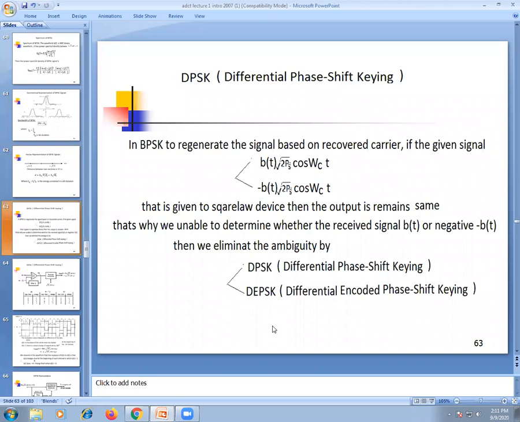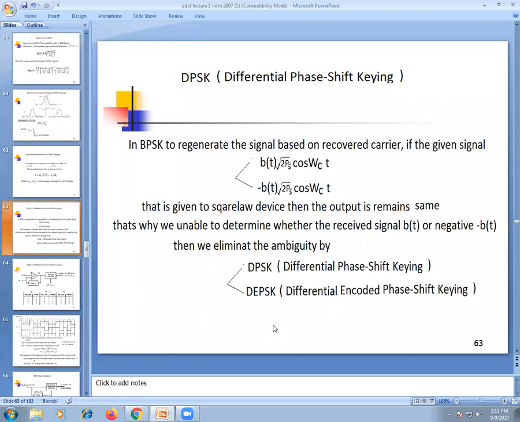Another signal is minus V of t root 2 Ps cos omega naught t plus theta, where B of t is the binary data with polarities positive and negative, plus or minus. It is plus root 2 Ps cos omega naught t, minus root 2 Ps cos omega naught t. Is it not? So that is given to a channel.